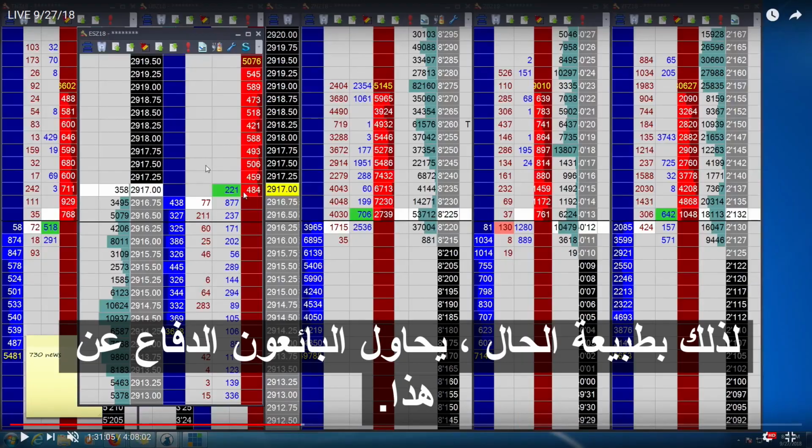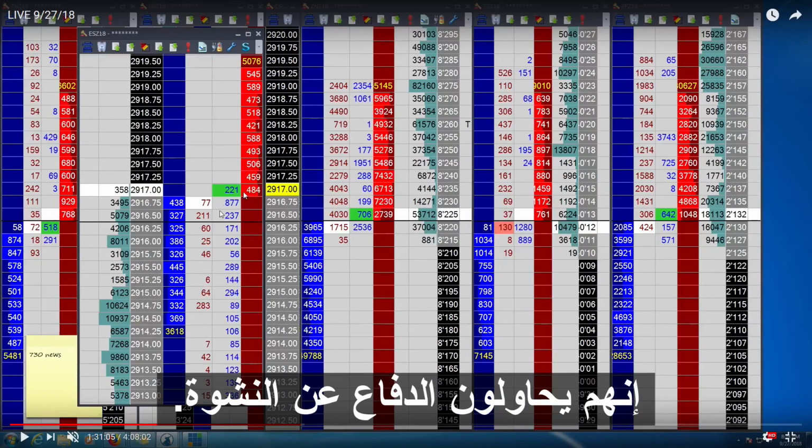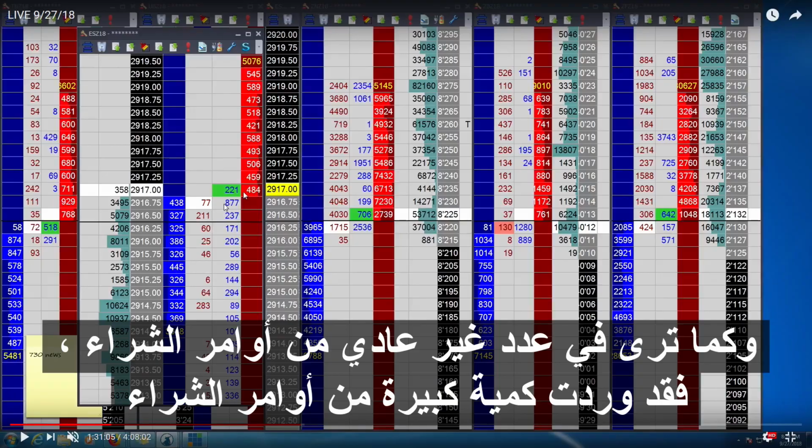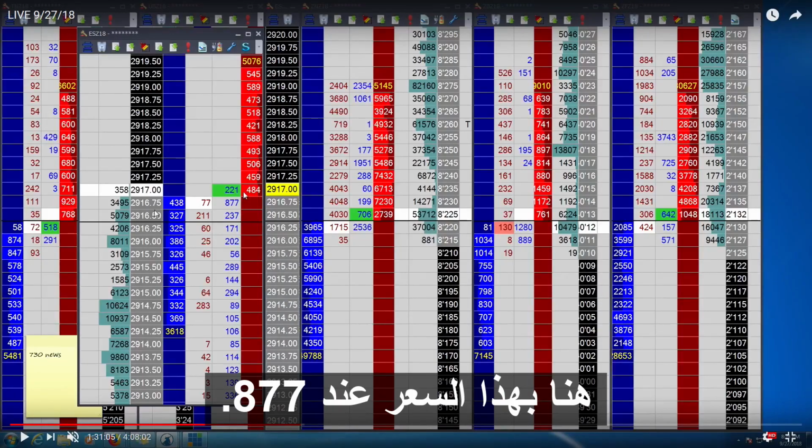Naturally, the sellers are trying to defend this edge. They're trying to defend the high, and this is what you can see in a DOM that you can't see on a chart. An unusually large amount of buy orders came in right here at this price, 877.